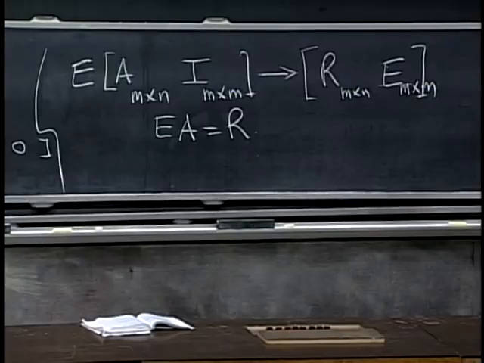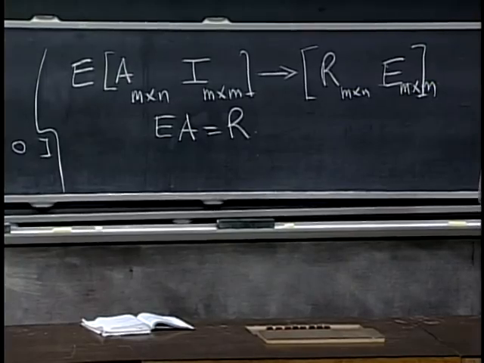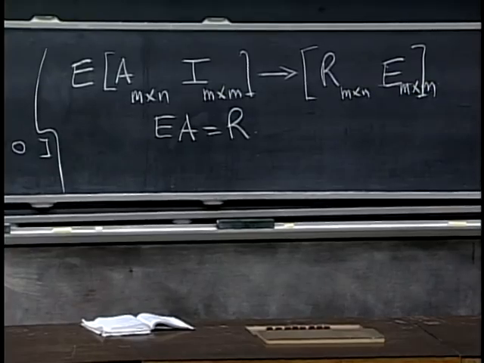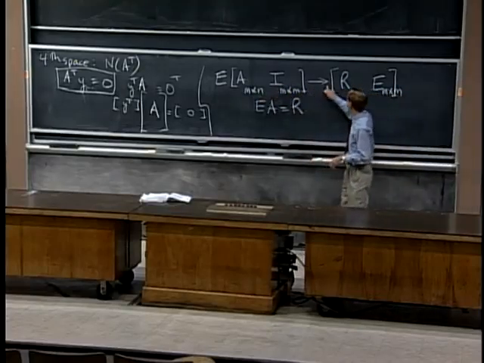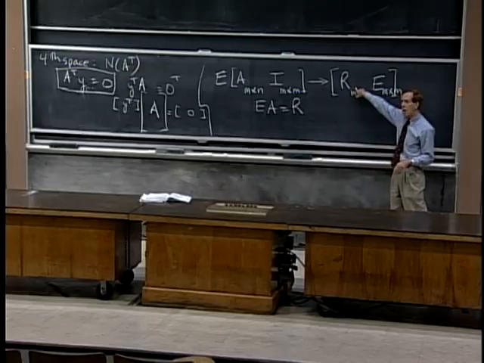Let's just review the invertible square case. What happened then? Because I was interested in it in chapter 2 also. When A was square and invertible, I took A I, I did row elimination. What was the R that came out?